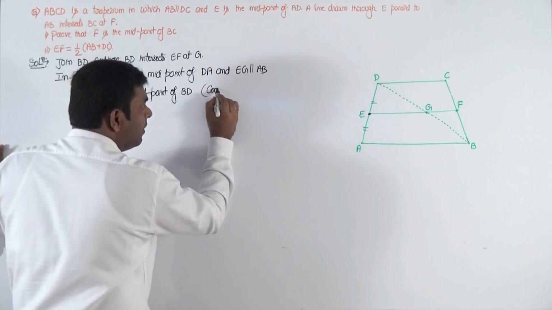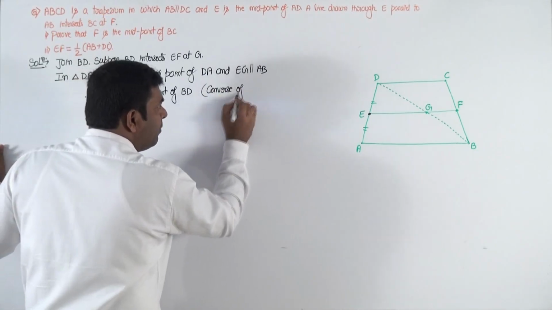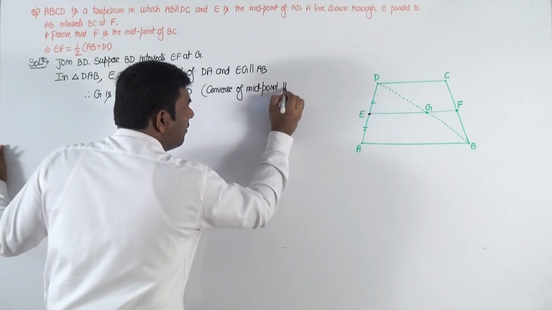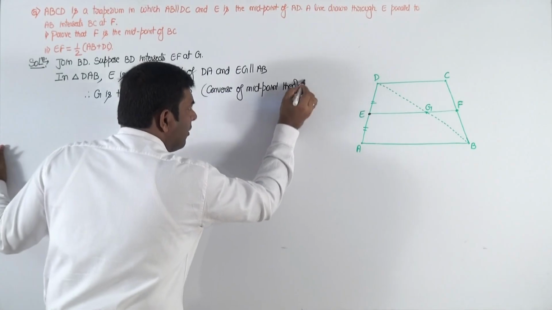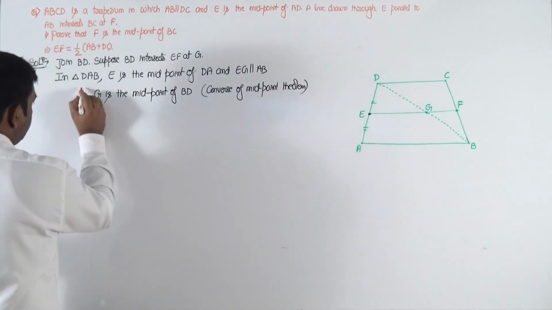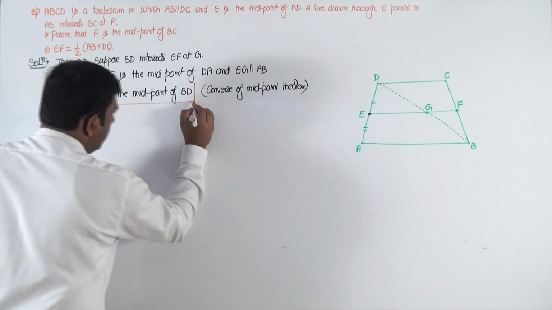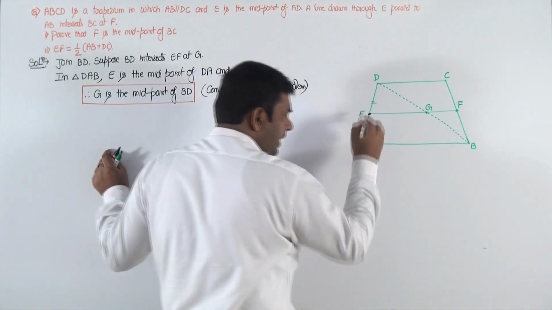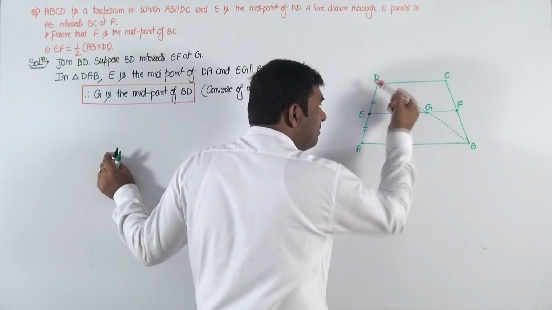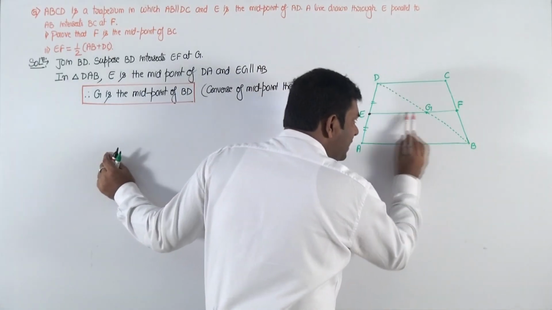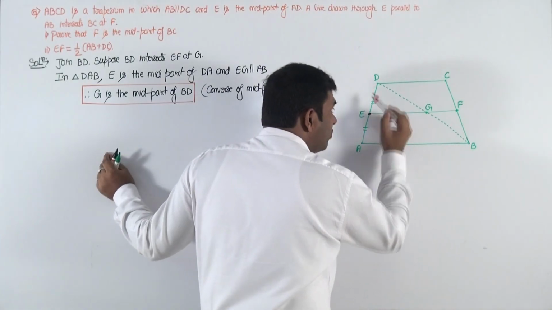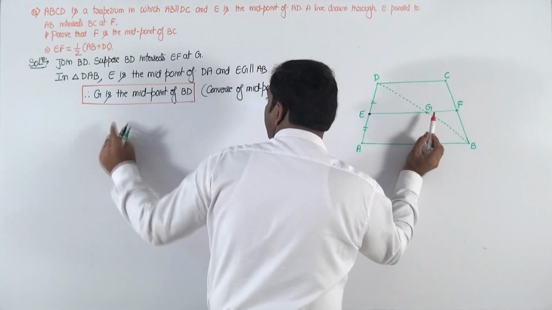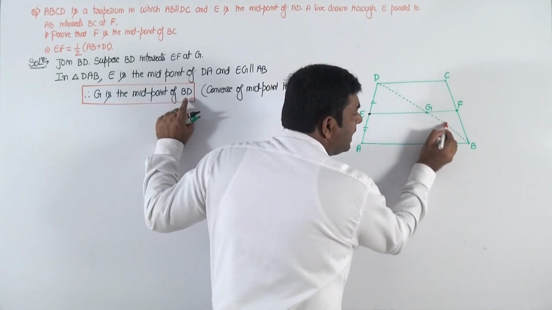Converse of midpoint theorem. ये है. Isn't it? In this triangle DAB, E is the midpoint of DA, EG is parallel to the other side, a line drawn through the midpoint of one side, parallel to the other side, bisects the third side. So G is the midpoint of BD. मतलब this and this are equal.